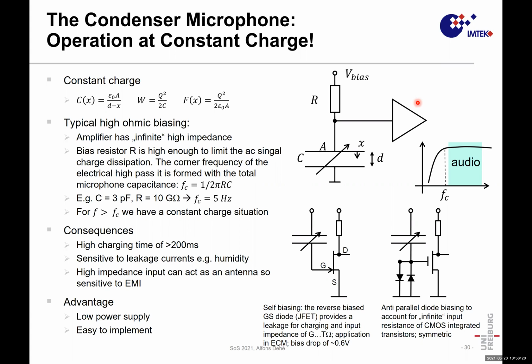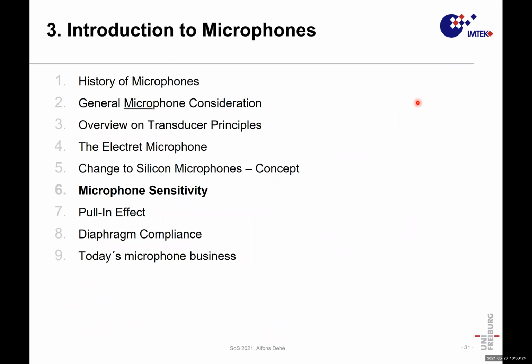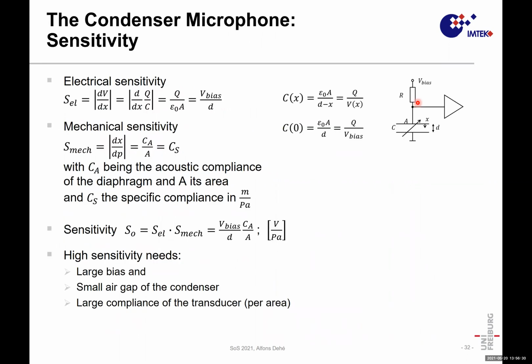Okay, this is the very basics on charging condensers, and now we go back to discuss the sensitivity of the microphone. We need to deliver a certain sensitivity to read the microphone. Of course, we can talk about an electrical sensitivity, which is simply the change of voltage over displacement.